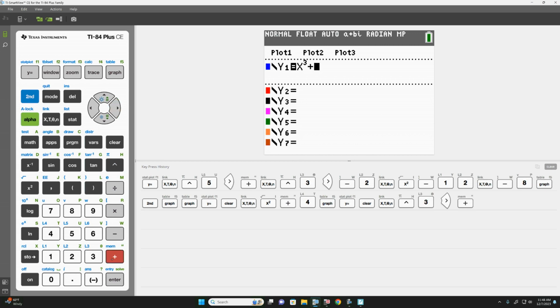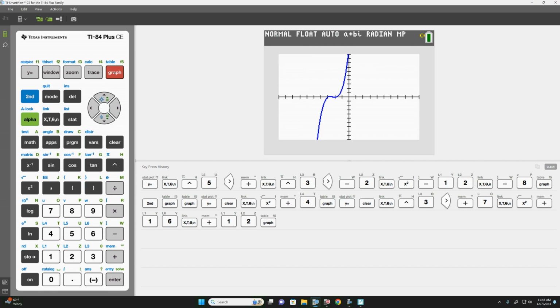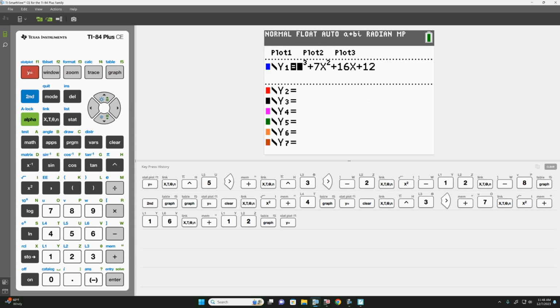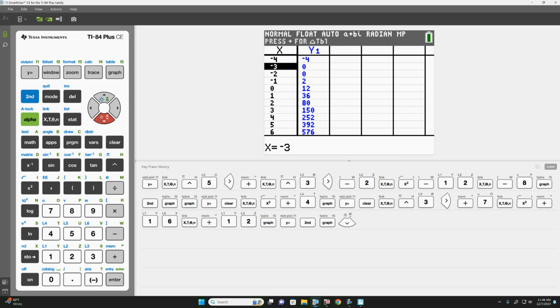Because if we find 3 zeros, then we're done because we have them all. x cubed plus 7x squared plus 16x plus 12. If we look at the graph here, we have negative 3 and negative 2.